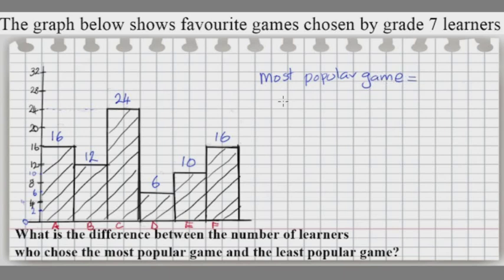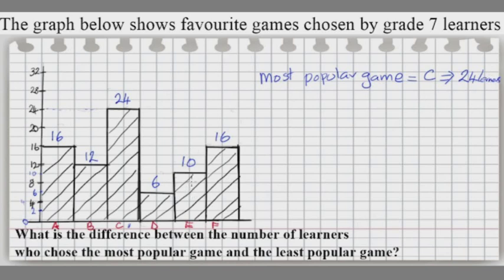This is a game with the highest number of learners who preferred it. So looking at the graph, the most popular game has the tallest bar, and in this case we can identify that game C was most popular among the learners. So in this case we have game C, which had 24 learners preferring it.